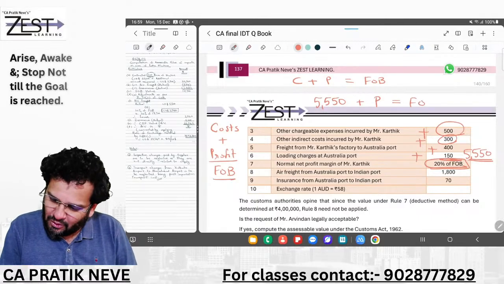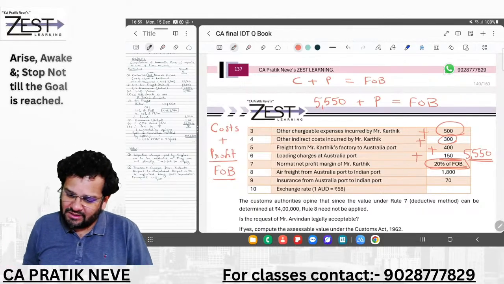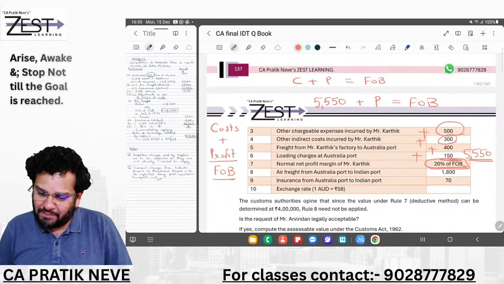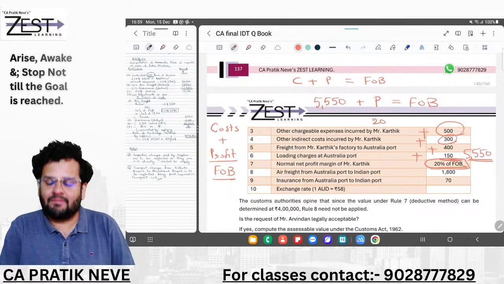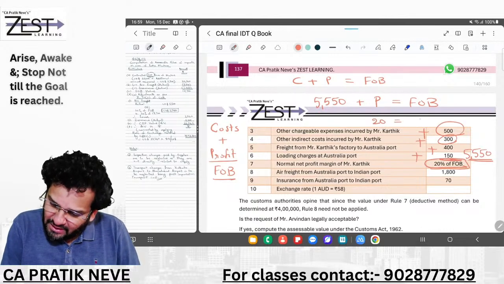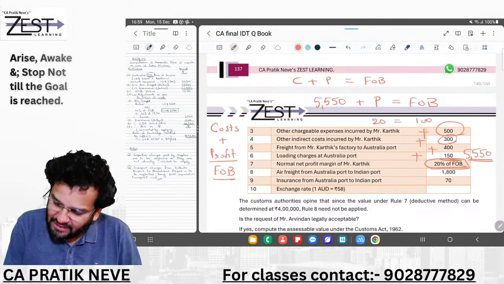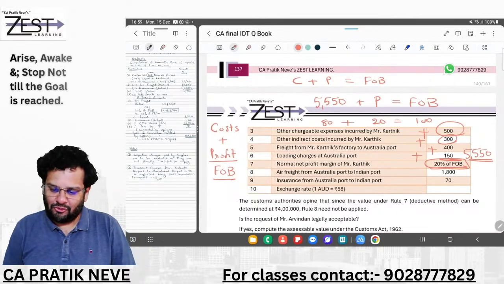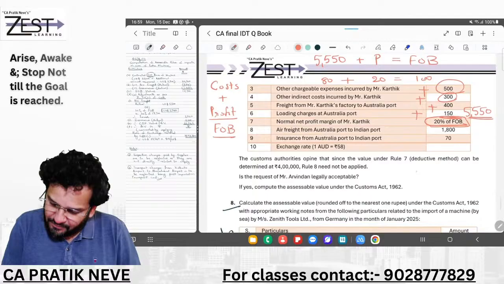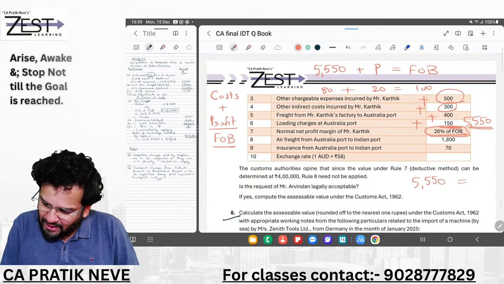This much equation I have understood. But I know the relation: profit is 20% of FOB. So if I take profit as 20, then FOB is 100 and cost will be 80. So right now I know that 5550 is equal to 80.